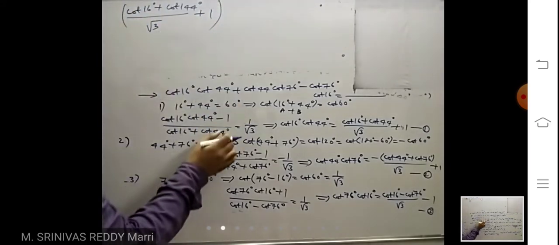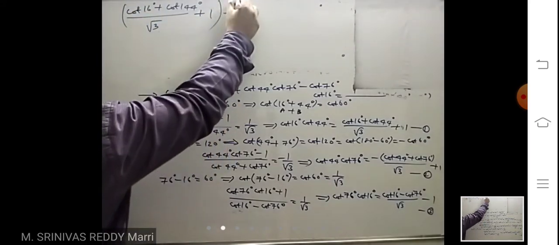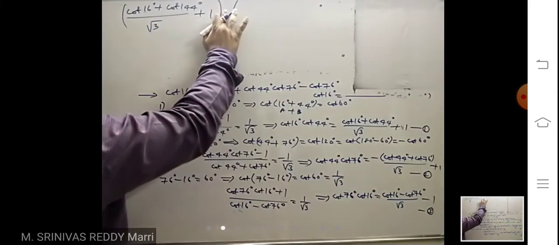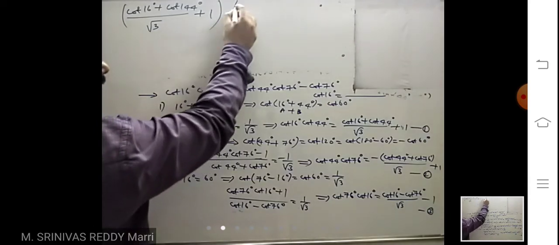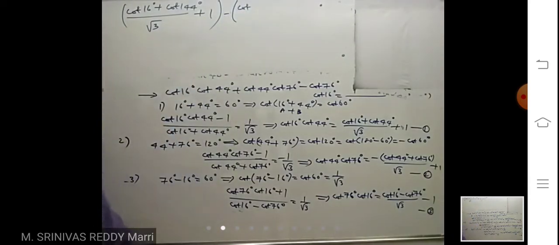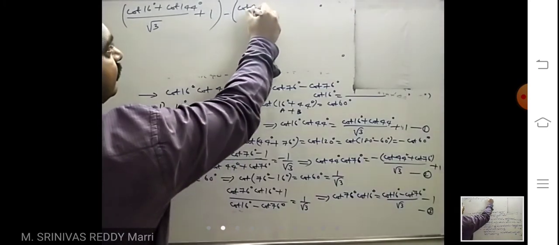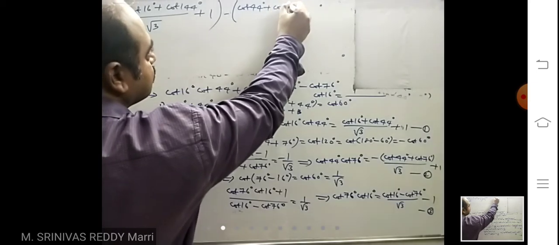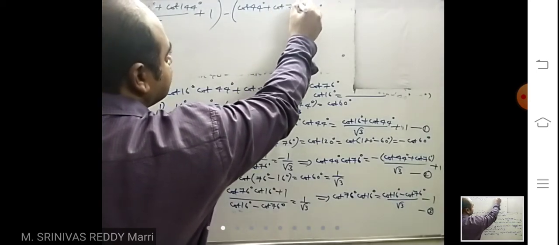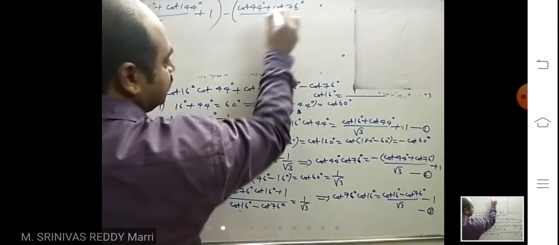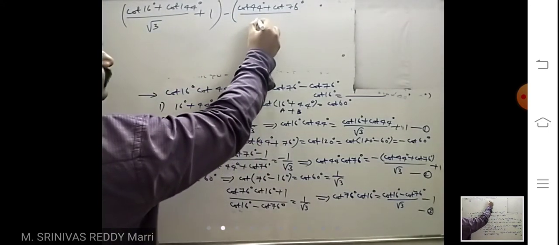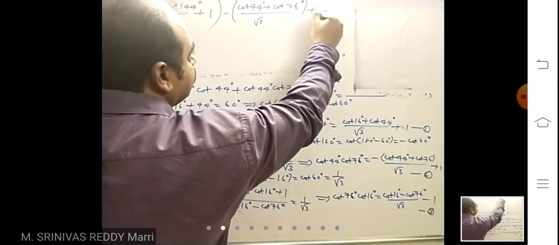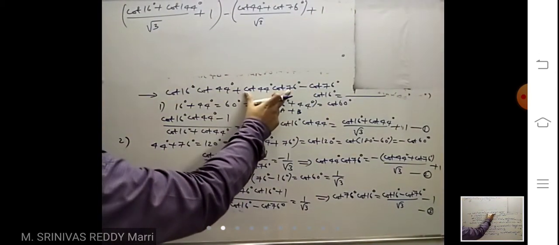This is the first one. And then second is what? Cot 44, cot 76. That means minus, you will get here, minus (cot 44 plus cot 76) divided by root 3, plus 1. Second one in place of this one.